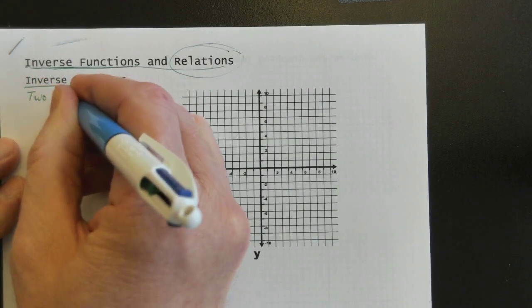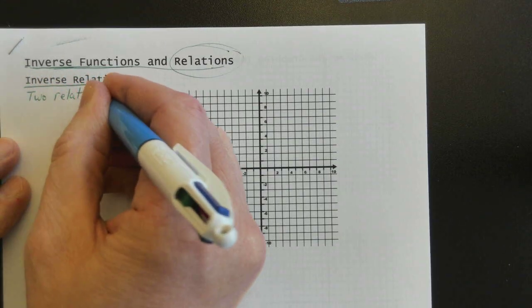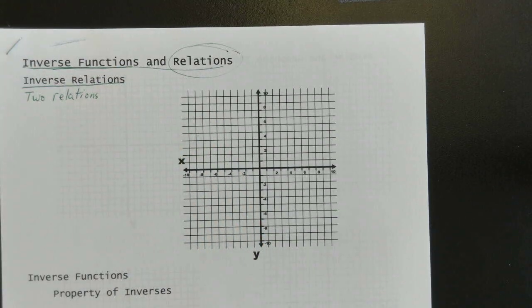Two relations, and when I say relation, I'm just saying a set of ordered pairs. Okay?